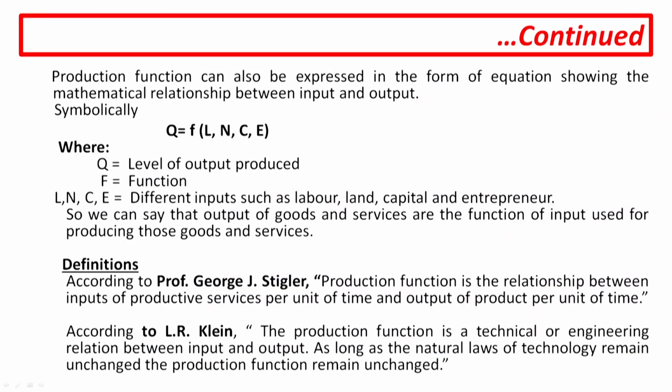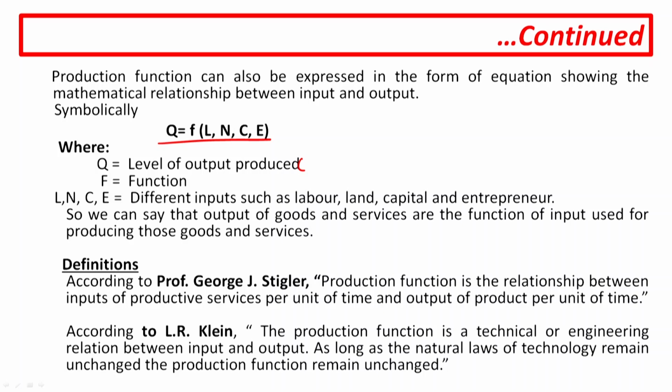Production function can also be expressed in the form of a formula, in the form of an equation. Q is equal to F(L, N, C, E). That means Q is nothing but the output, which is the dependent variable. F means function. That means your output is directly functional to the input.